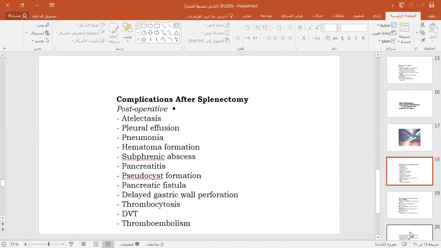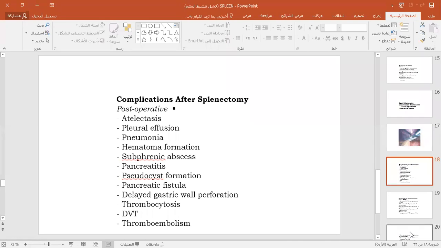Pseudocyst formation, also from the same cause during a difficult splenectomy, may cause a pseudocyst of the pancreas. Pancreatic fistula, when there is iatrogenic injury to the nearby pancreas or stomach, may lead to a pancreatic or gastric fistula.